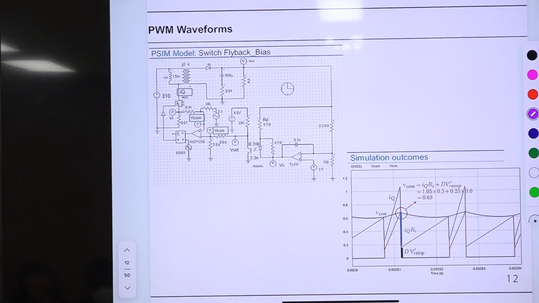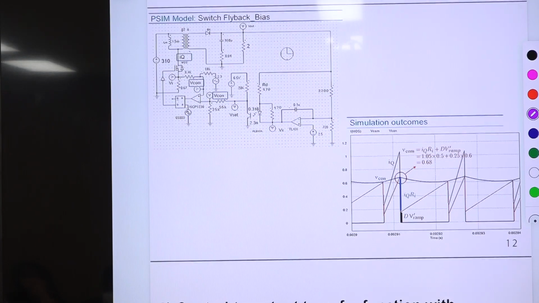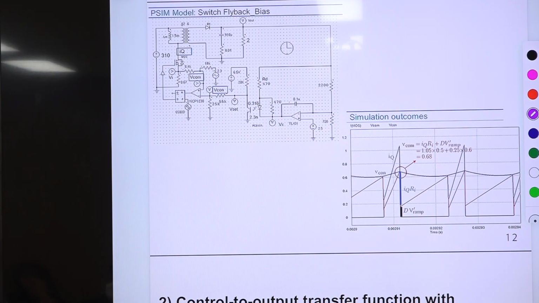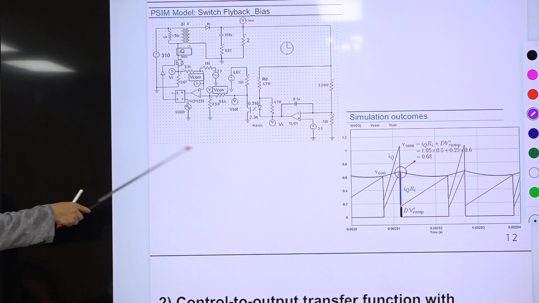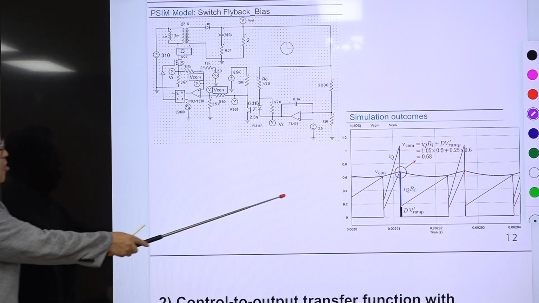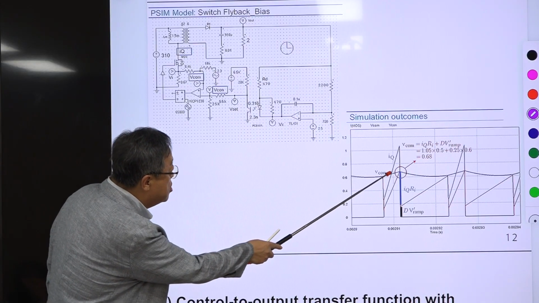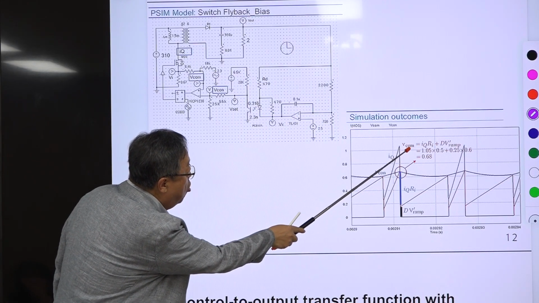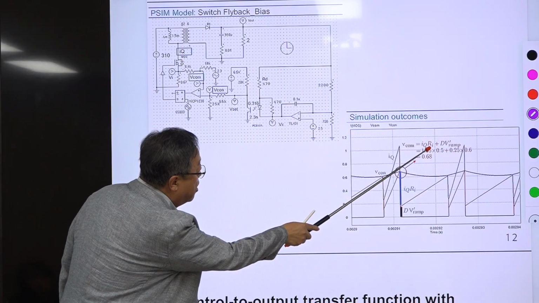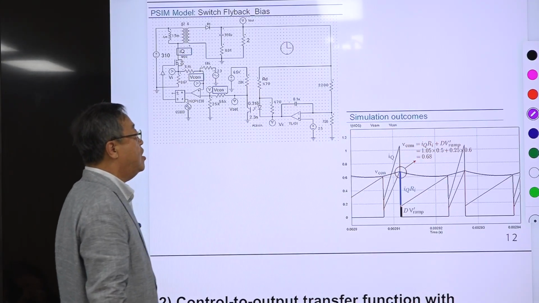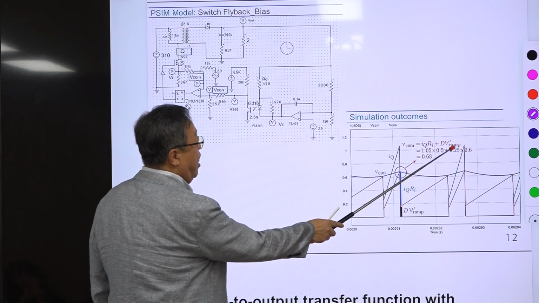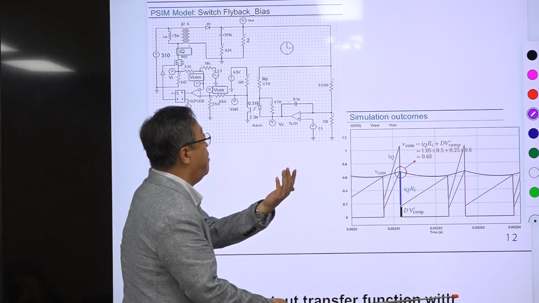So I provide all the PSIM files. In the beginning of this semester, you have this file. Then this file is customized to generate this. So this VCOM is IQ times RI plus D, the duty ratio, and V ramp prime is the deflected ramp voltage.